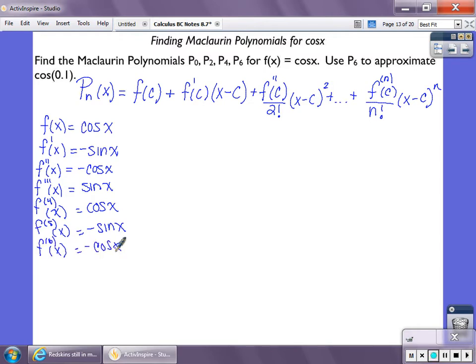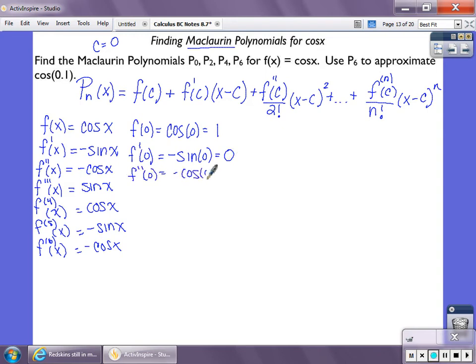Now remember that because this is Maclaurin, we know c is equal to 0. We're centered about 0. So now I'm going to evaluate all of these derivatives, including the original function cosine of x, at c equals 0. And so f of 0 is equal to the cosine of 0, which we know to be 1. F prime of 0 is equal to negative the sine of 0, which we know is 0. The second derivative evaluated at 0 is negative cosine of 0, which is negative 1.